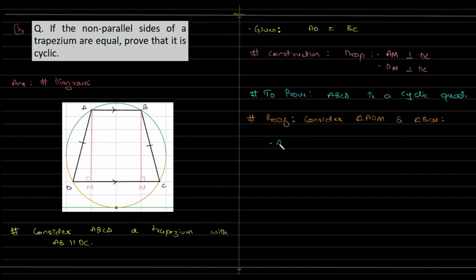So we have AD, which is equal to BC. This is given. Then we have angle AMD, which is equal to angle BNC. Both of them are equal to 90 degrees. And we have AM equal to BN. I want you guys to figure out why these two lines are of equal length.